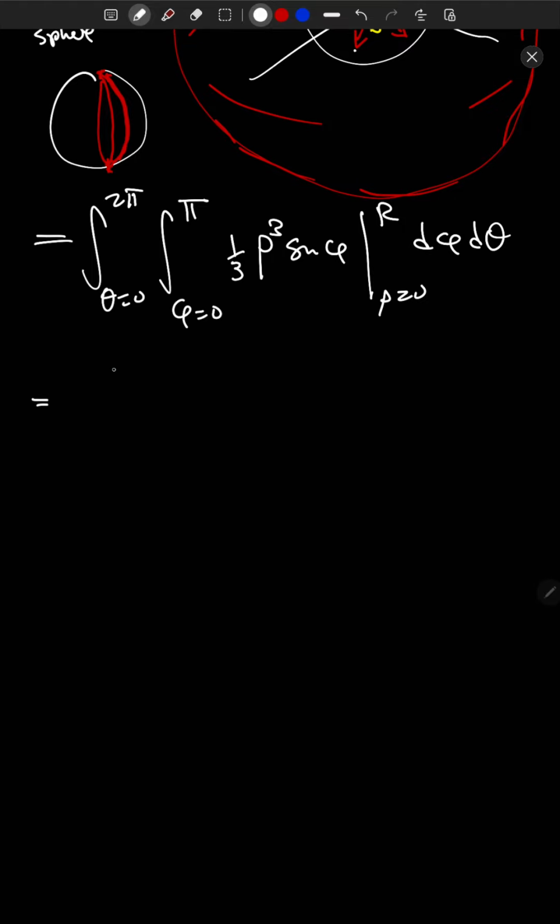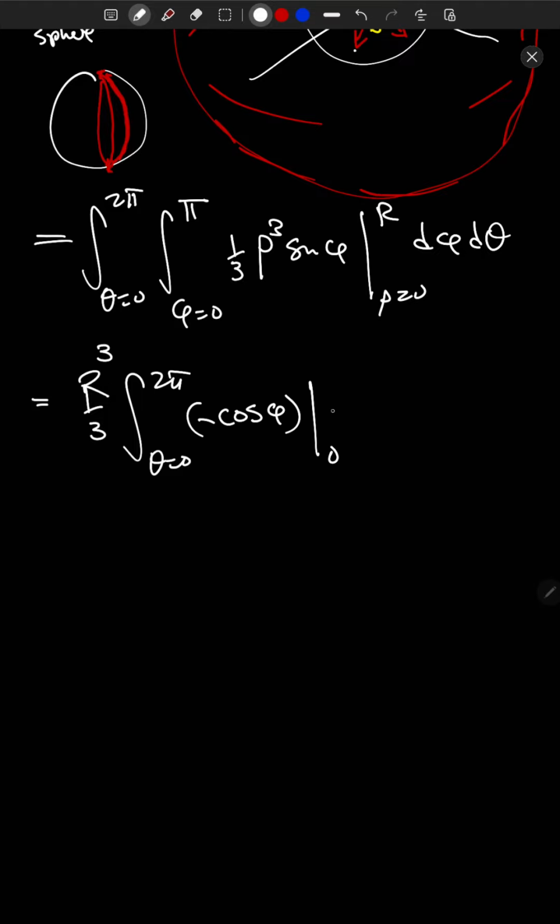And so we have 1/3, let's pull that out, theta equals 0 to 2 pi, R cubed. Let's pull out the R cubed as well. Integral of sine is minus cosine. We're evaluating that from 0 to pi, and then d theta.